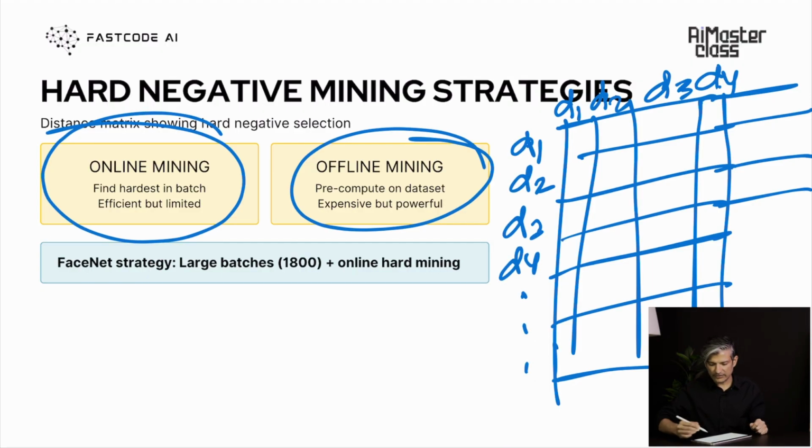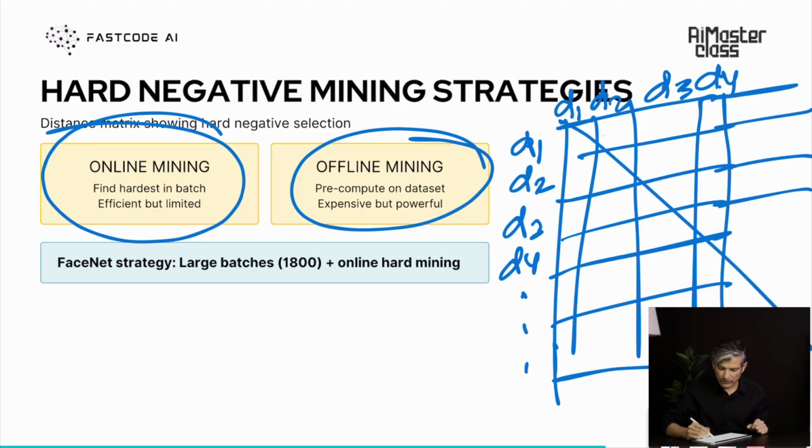And we find the distance. Here they're all the same, and we find the distance between D1 and D2, and we write something. We find the distance between D1 and D3, we write something. It will be a symmetric matrix, because the distance between D1 and D2 will be the same as the distance between D2 and D1. Similarly, the D2 D1 distance will also be 0.6, and the distance between D3 and D1 will also be 0.7, and so on.